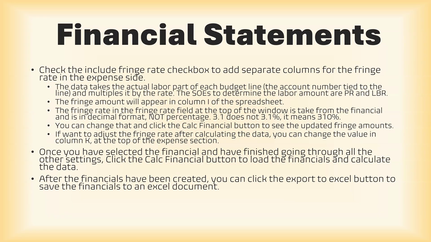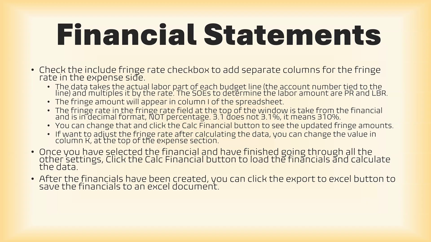We also have a fringe rate box, and it'll include fringe rate calculations based on the fringe rate that you entered in the financial editing side of it as separate columns. The fringe amount will appear in column I of the spreadsheet. It takes the labor amount and multiplies it by your fringe rate.